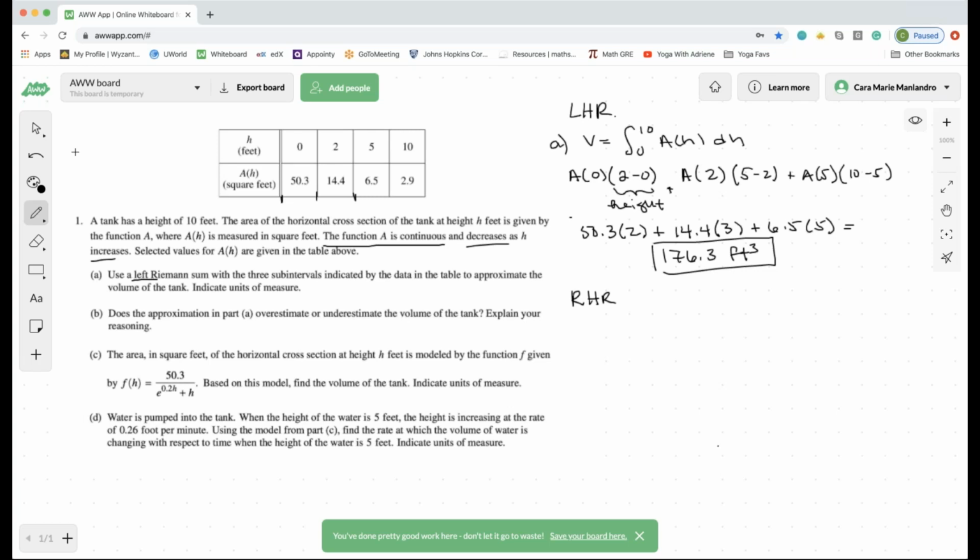Essentially I would be taking the right side of each endpoint, which is A of 2 times 2 minus 0, plus A of 5 times 5 minus 2, plus A of 10 times 10 minus 5. I'm not going to plug and chug, but I wanted to write that out for you guys. Does everybody see the difference?